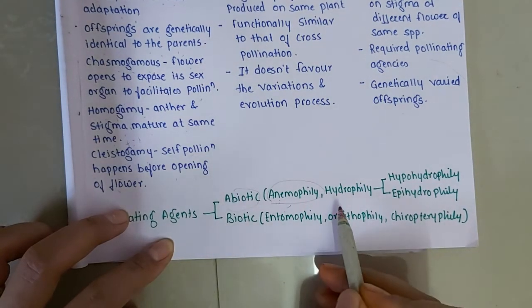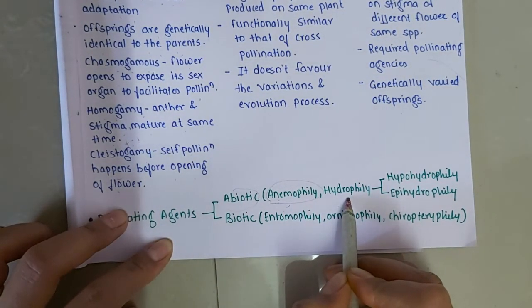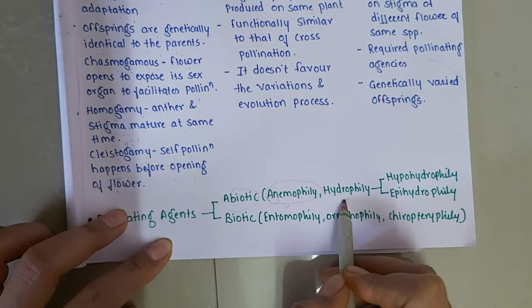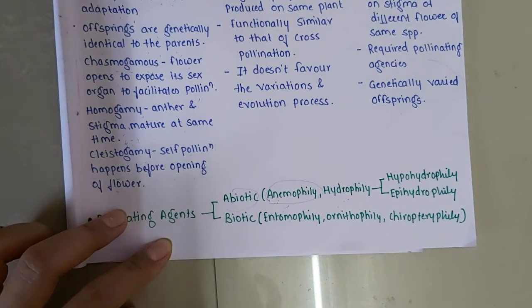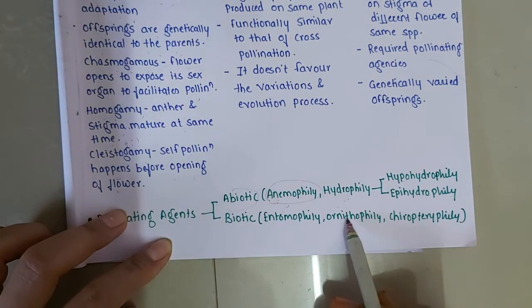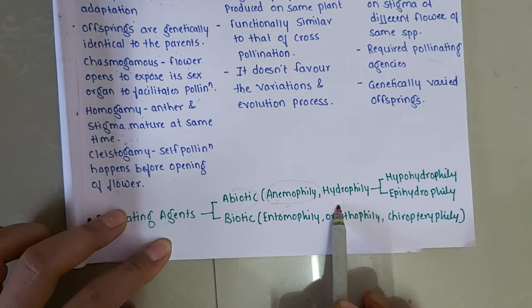Next is the pollination by water, that is hydrophily. Okay, so the examples they have given are Vallisneria, Zosteria, etc. And again they have given the adaptations for pollination by water.